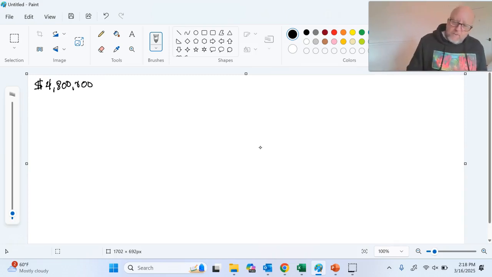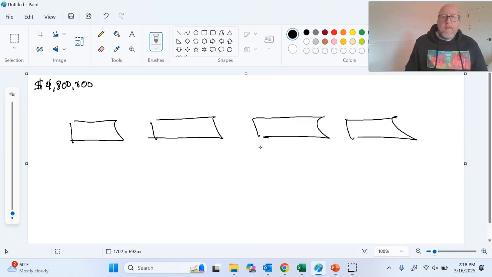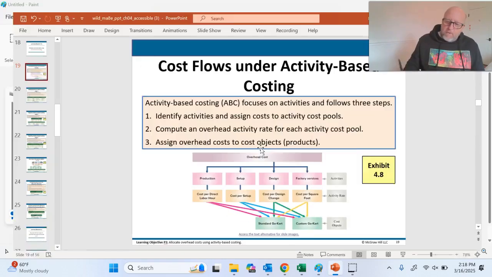And now what we're going to do is instead of breaking out the overhead by department, we're just going to break it out by activity, right? So if you think about how we would make a go-kart, there are various activities associated with making the go-kart.